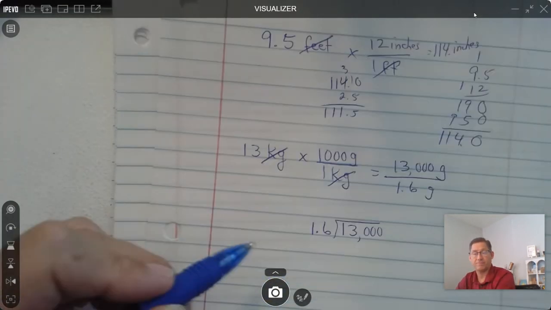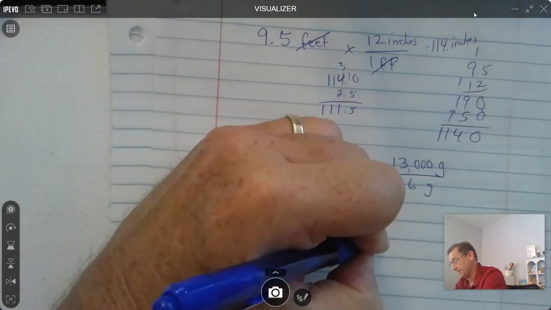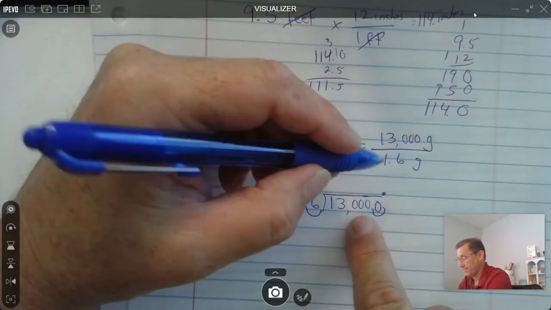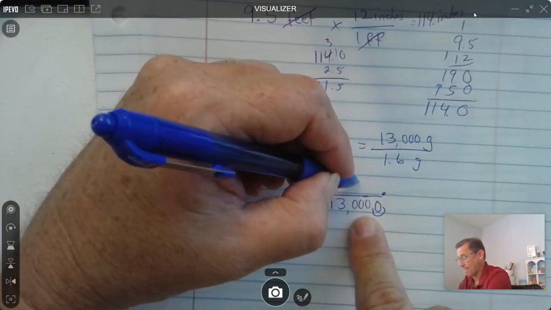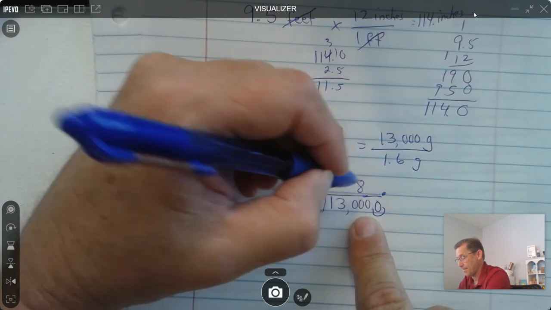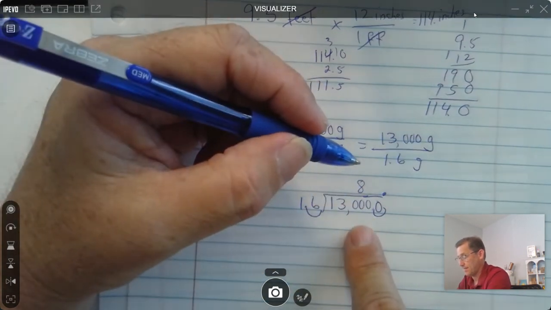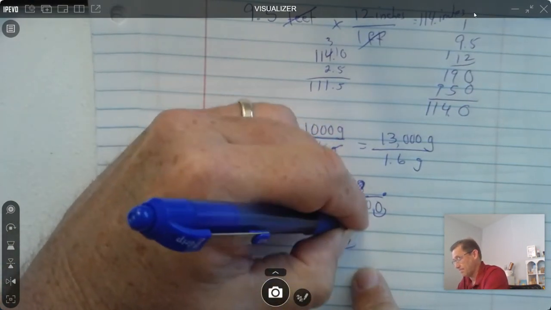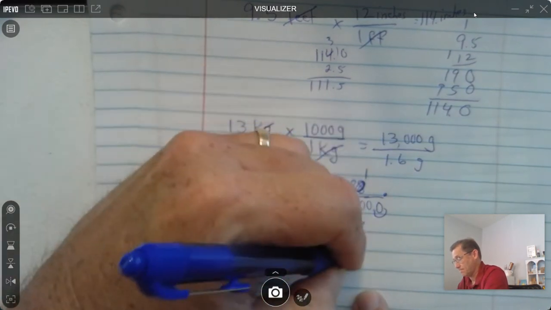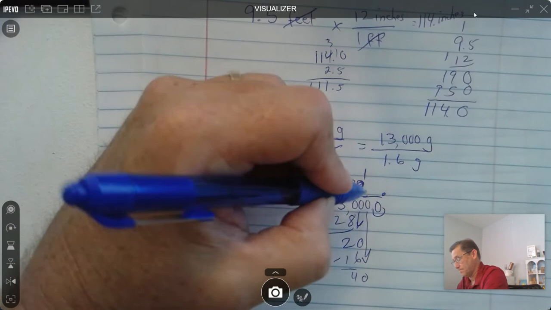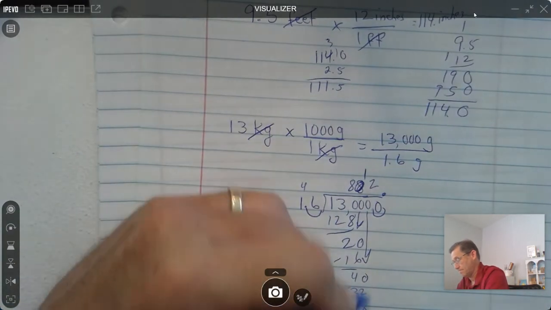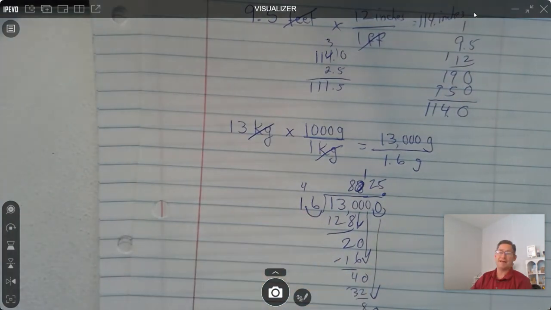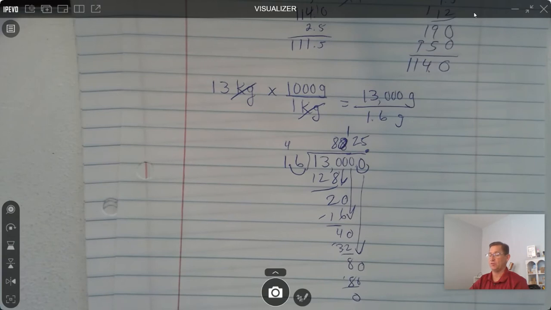Okay, so we know that if we multiply 1.6 by 10, we'd move the decimal point one place to the right. Okay, so 8,125 times greater.